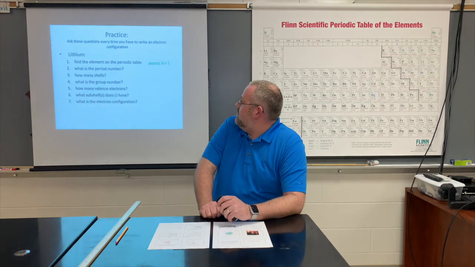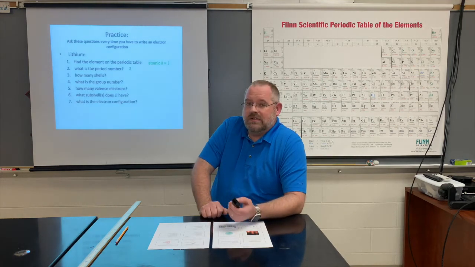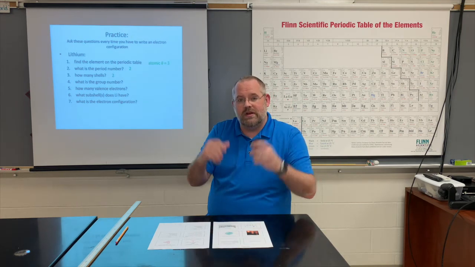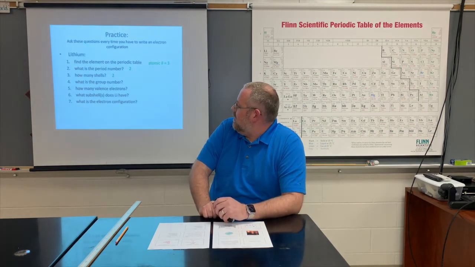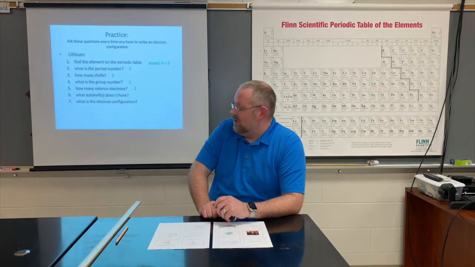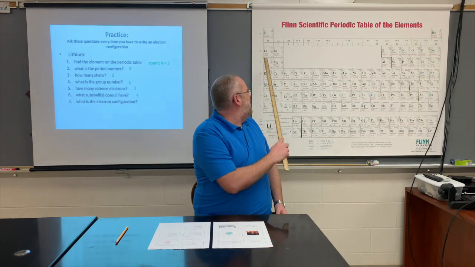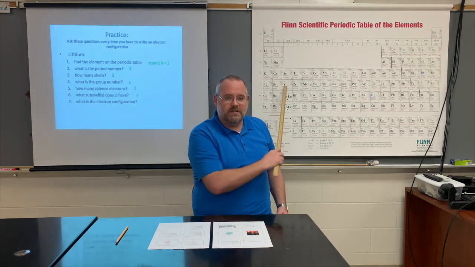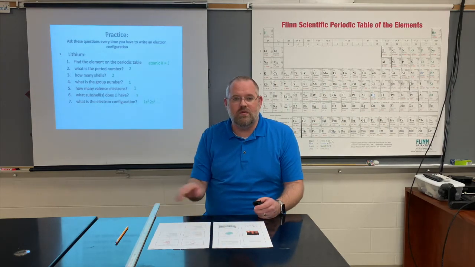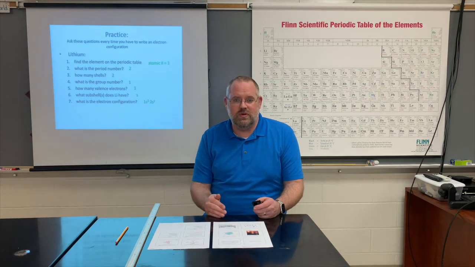Lithium. Lithium is in the 2nd period. It has an atomic number of 3. So if it's in the 2nd period, that means it has 2 layers, 2 shells. It's in group number 1, which means that it has 1 valence electron. Lithium is in the s block, and it has an electron configuration of 1s2, 2s1.